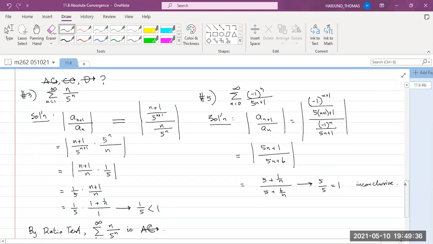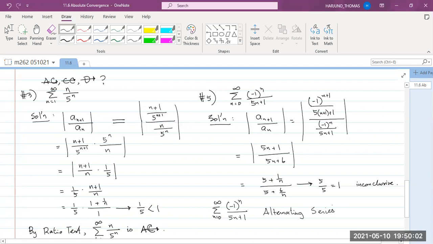Okay, but after all, that's an alternating harmonic series, right? So let's go back and see that this is an alternating series.